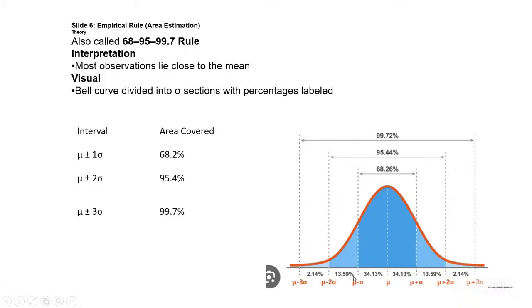Then for 2 sigma, we add 1 sigma more to this side and subtract 1 sigma more on this side. Then the whole area, the dark blue part and the sky blue part also, contributes 95.44%.